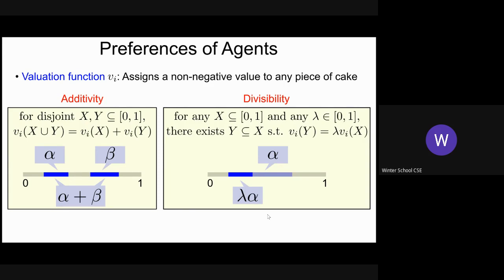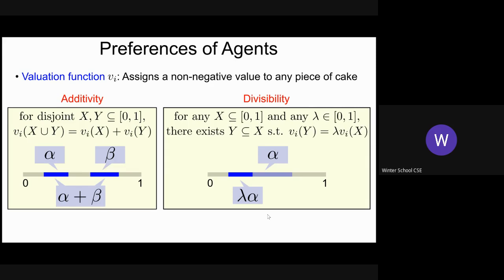Okay, so whenever you have a value alpha for an interval, you can also come up with a piece with a smaller value. Like for any lambda, you can come up with a piece of that value. Okay. You can also think of this assumption as a no point masses condition. Right? There is no single point where your preferences are concentrated. In other words, your value function is somewhat spread out. It's sort of smooth or continuous in some sense.